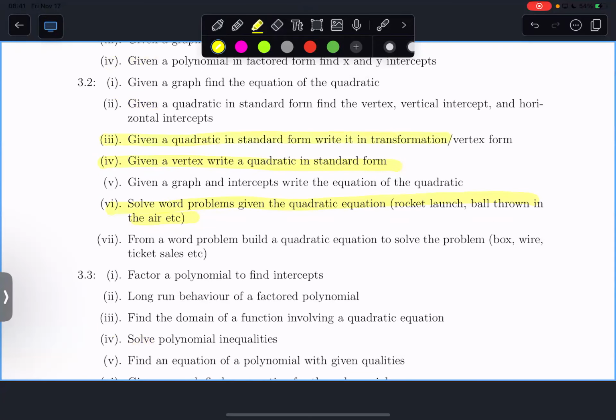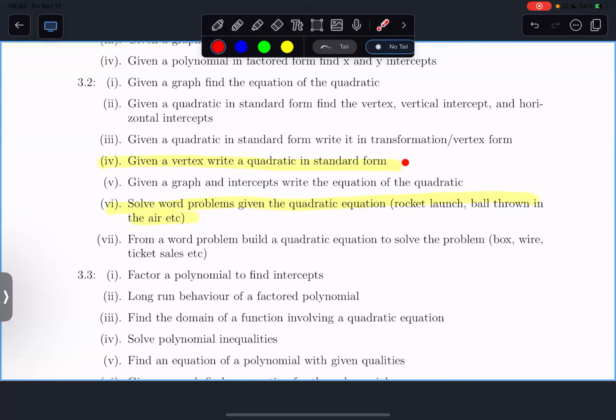How about one of these? If I give it to you, oh no, that's the same thing. It's basically the same thing, right? If it's in standard form, write it in the transformation vertex form.